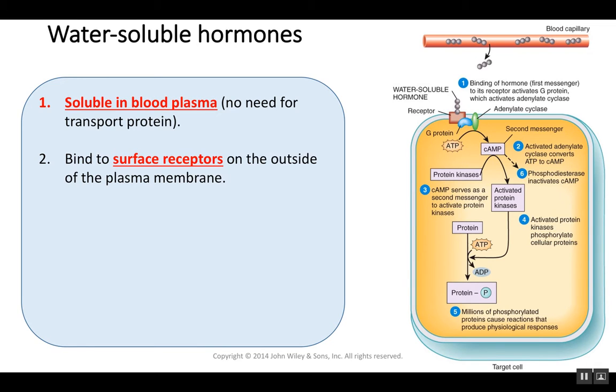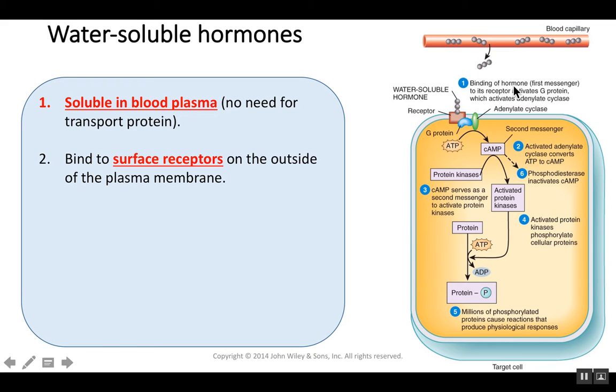Since these hormones are water-soluble, they cannot pass through the plasma membrane, which is made up of phospholipids. So the receptor must be on the surface of the target cell. The receptor is typically a membrane-bound receptor where there's a binding site for the hormone on the outside. So now that hormone doesn't have to go inside. It binds to the receptor, and then it triggers events within the cell.